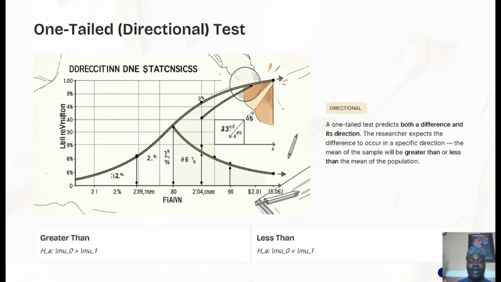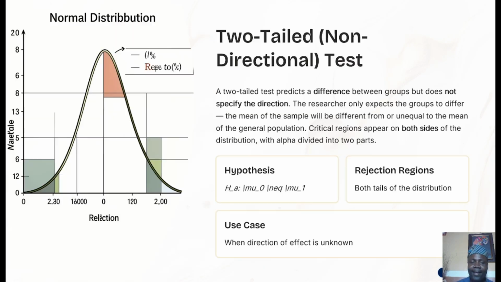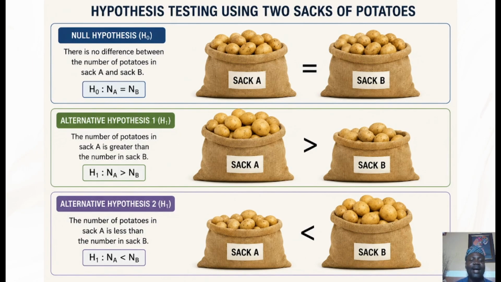So another one here is the one-tailed, which we call a directional test. In this testing, the difference is directional. There is a way we want it to go. And I've given examples that these two are examples of one-tailed tests.